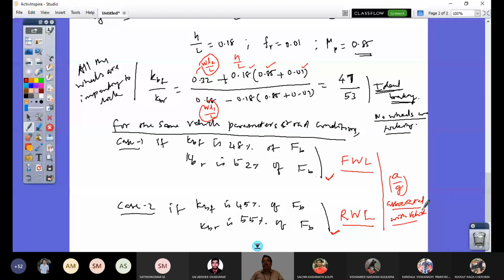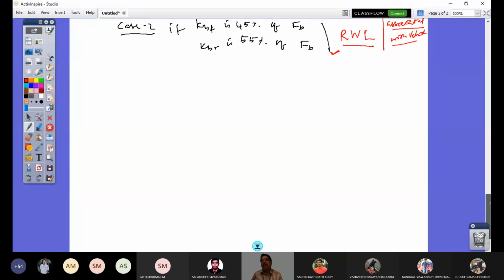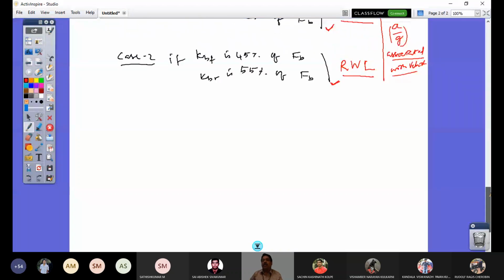A by G means the deceleration rate associated with the vehicle because of the distribution of braking force. If you calculate this A by G, then you would be able to say which wheel is going to lock first or second, right?